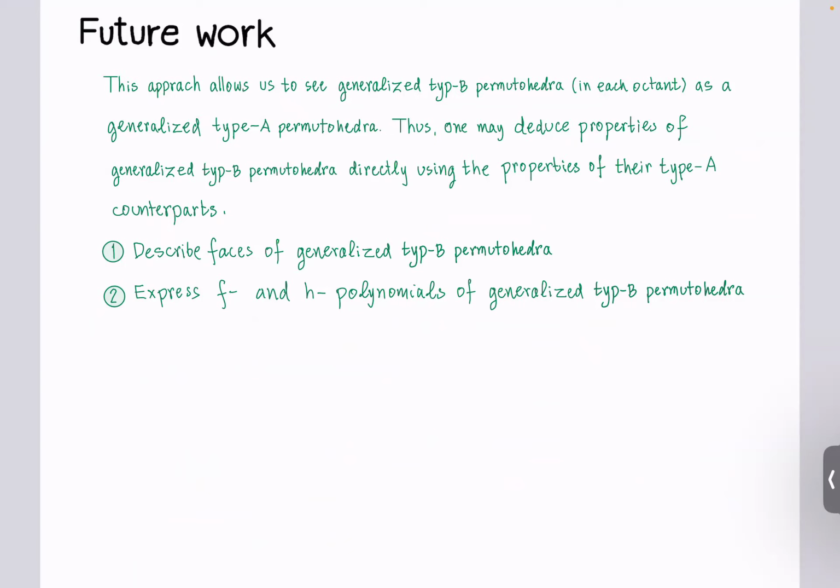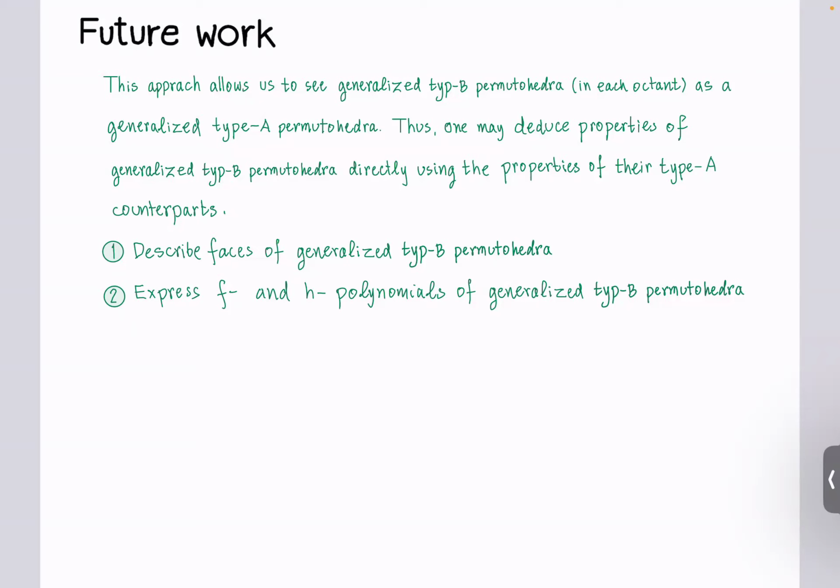What's nice about this approach is that it allows me to see the generalized type B permutohedra in each octant. You can view it as a generalized type A permutohedron. And so you can deduce many properties of generalized type B permutohedra directly using the properties of the type A counterpart.